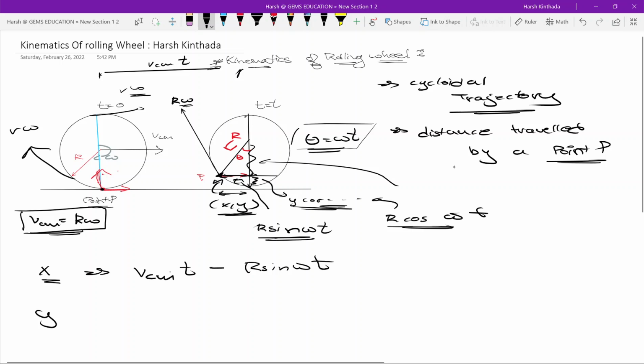So x is equal to VCM t minus r sin omega t, and y is equal to r minus r cos theta, which is definitely r minus r cos omega t, since theta equals omega t.